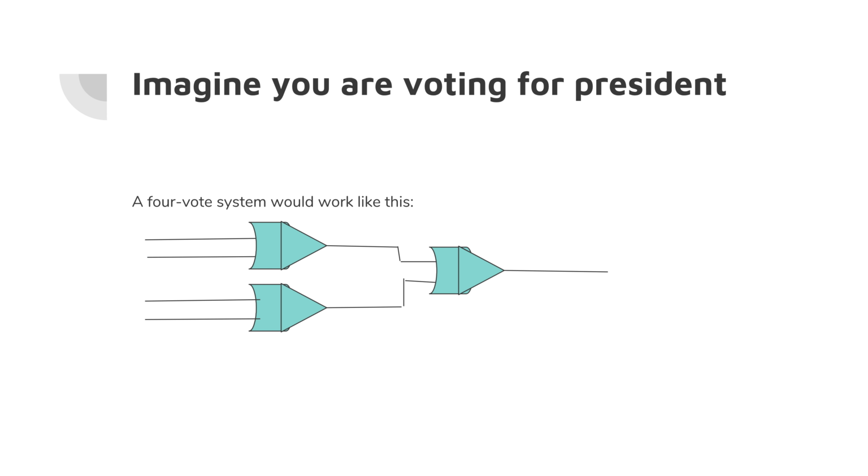And finally, with all those gates we saw, imagine you're voting for president. When you're testing people, maybe with 4 people, a 4-vote system would look kind of like this. You're ordering everyone. But this system actually has problems.